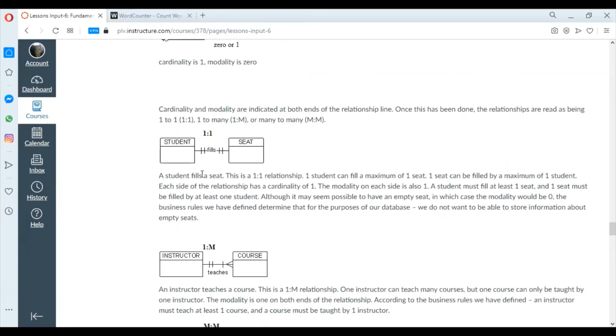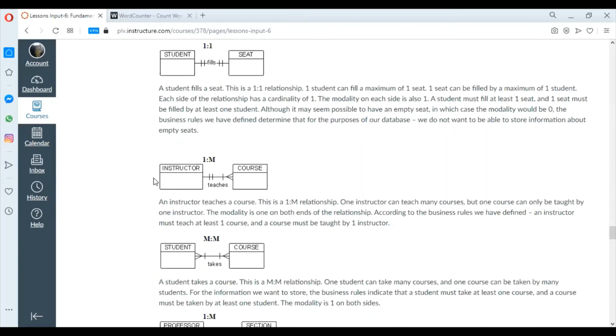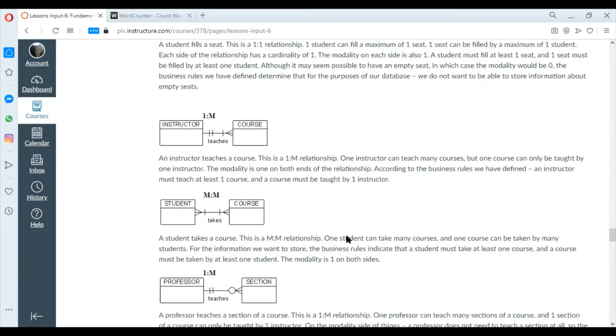So these are examples. For example, one student fills one seat. One instructor teaches one or many courses. Take note, the symbol is M, but how come we still use one or many? It depends on the particular notation that you are using.